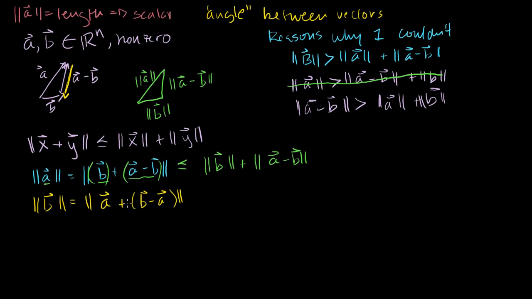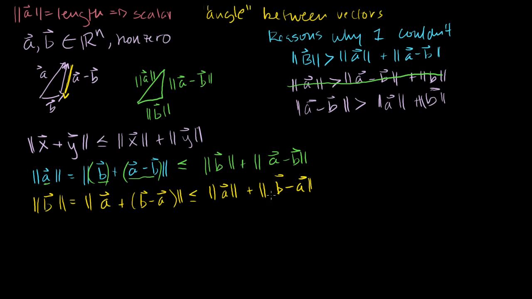The A's would cancel out, and you're just left with a B. Now, by the triangle inequality, we know that this is less than or equal to the length of vector A plus the length of vector B minus A.